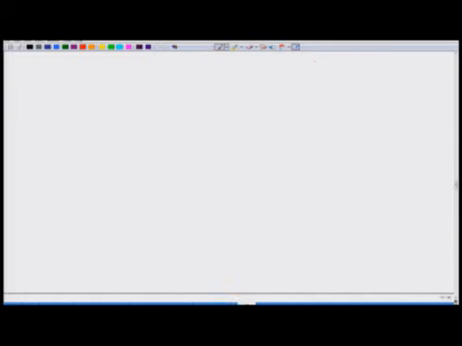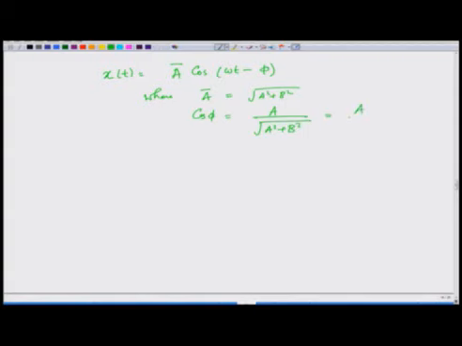What I have shown you is that x(t) can be written as some a bar cosine of omega t minus phi, where a bar is square root of a square plus b square, cosine of phi is a over square root of a square plus b square, or equivalently a over a bar, sine of phi is equal to b over a bar, and tangent of phi is equal to b over a.